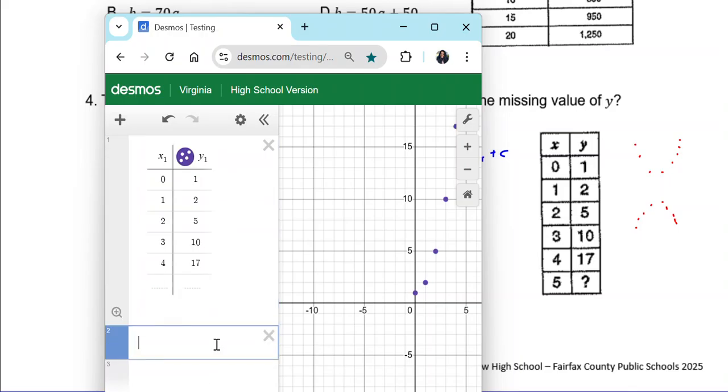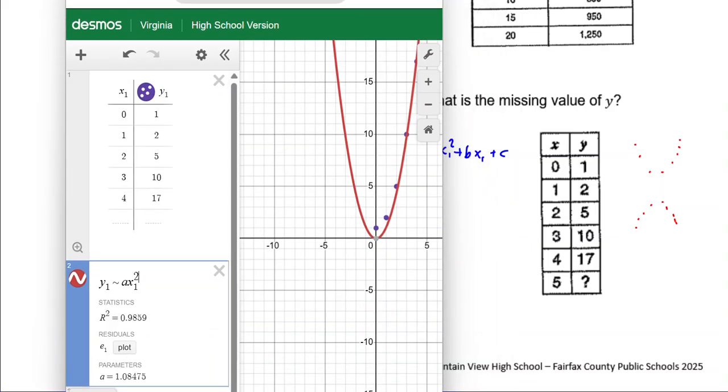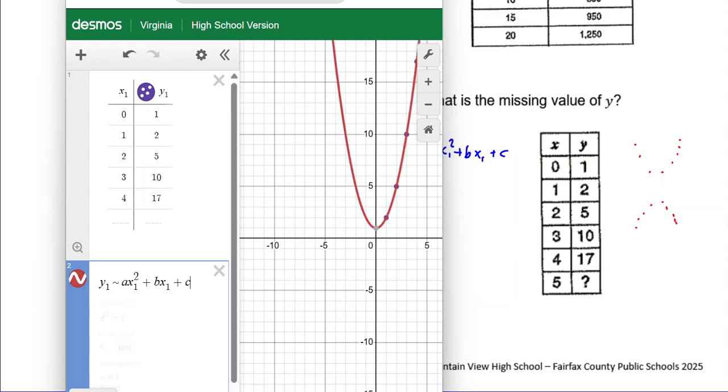That's what I'm trying to find out. Then you can type the regression, y1, and we're going to do the quadratic regression because the problem said so. y1 regressed against ax1 squared plus bx1 plus c.